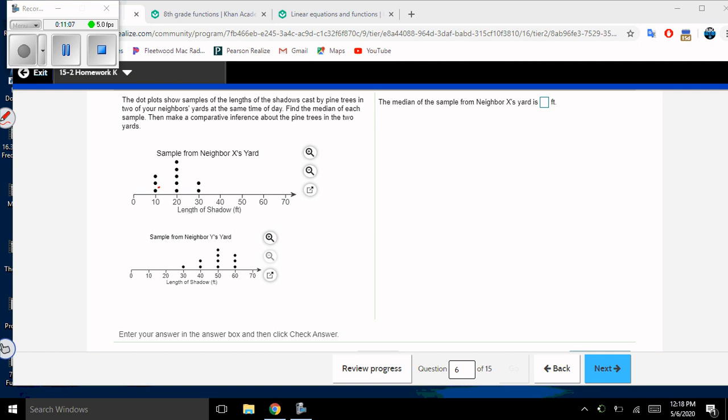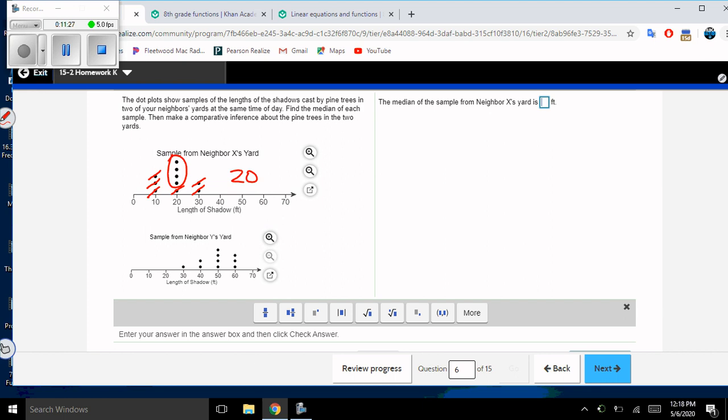So I'm going to get rid of a 10 on the low end, get rid of a 30 on the high end. Get rid of a 10 on the low end, get rid of a 30 on the high end. Get rid of another 10, get rid of a 20. Well, that leaves us with nothing but 20-foot shadows. So obviously your median here has to be 20 feet. So I'm going to go ahead and pop in 20 as the median of those tree shadows.